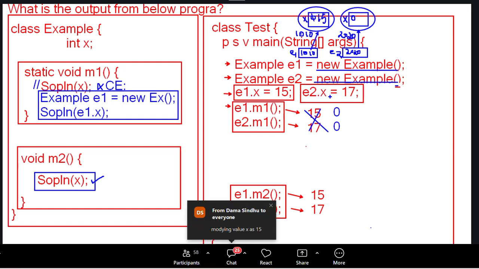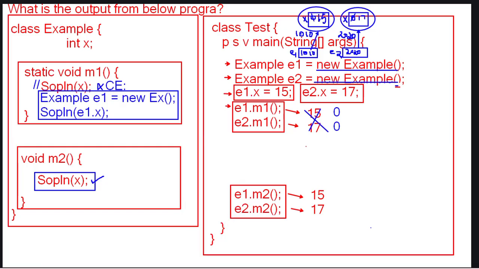Next, 17 is stored in the x variable in the object E2 points to; in that object, x's 0 is replaced with 17. Has everyone done up to here? If not, do it along with me. I will check your notes now, each and every person. No boys, no girls, no 33% reservation.